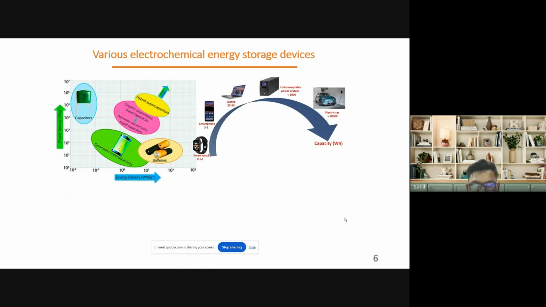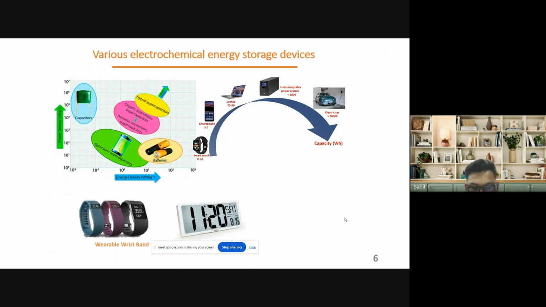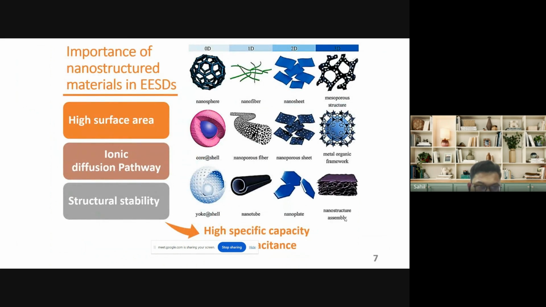There are various electrochemical devices that we utilize in day-to-day life, such as smartphones, laptops, electric vehicles, wristwatches, LEDs, and headphones. Now, the importance of nanostructured materials in electrochemical energy storage devices.